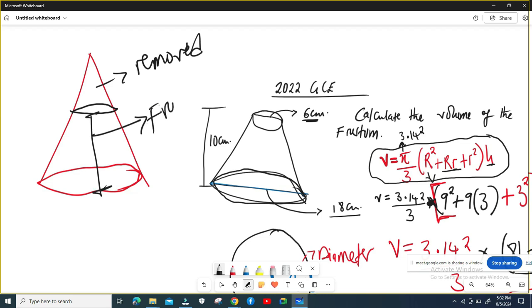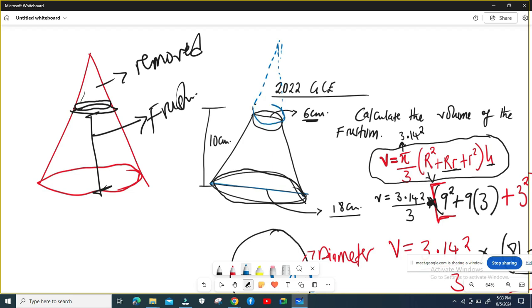So the other method demands that we first of all know also the volume of this cone which was removed. Meaning that we need to extend this so that it becomes a full cone like that.